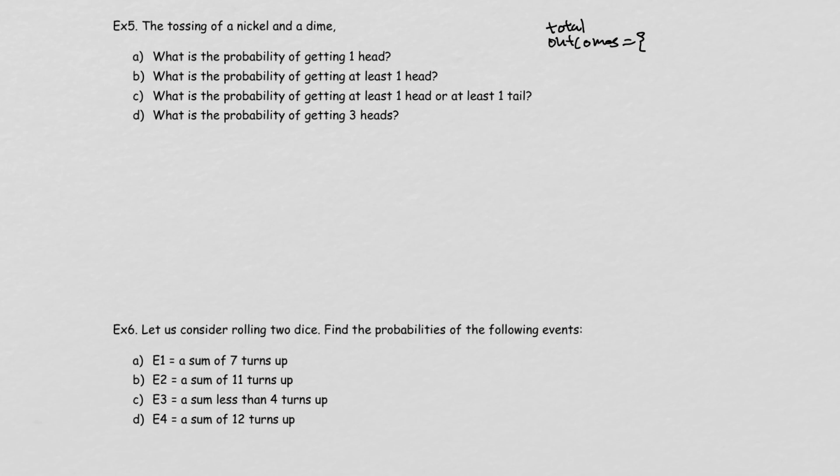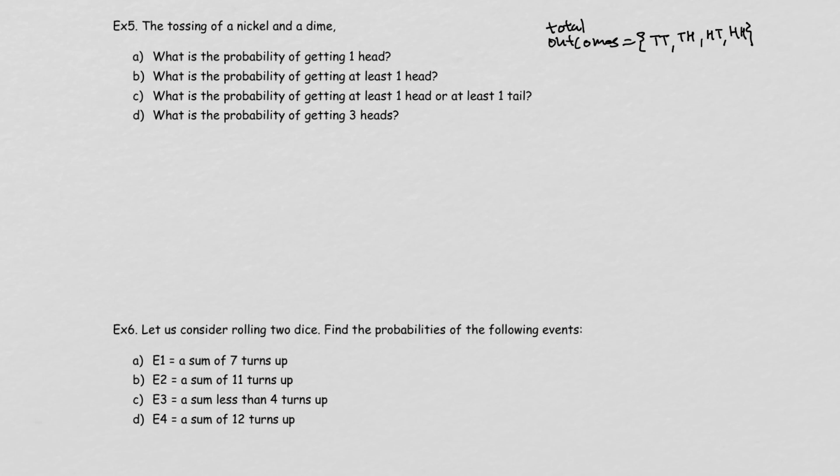We could have either tail and tail, or tail and head, or head and tail, and head and head. So when you're tossing 2 coins, you could have these 4 total outcomes.